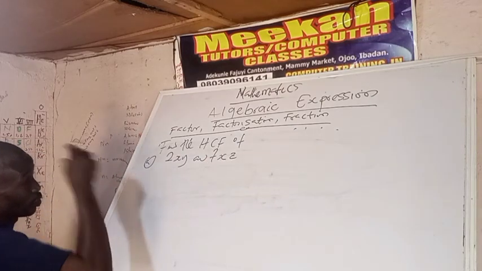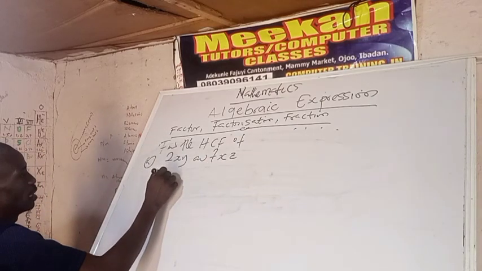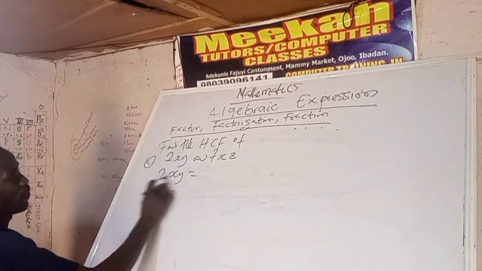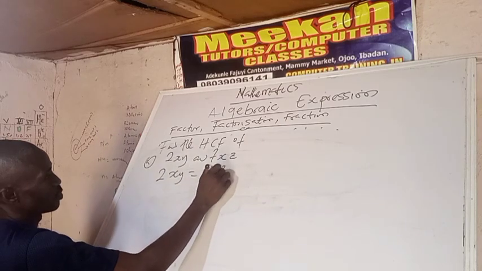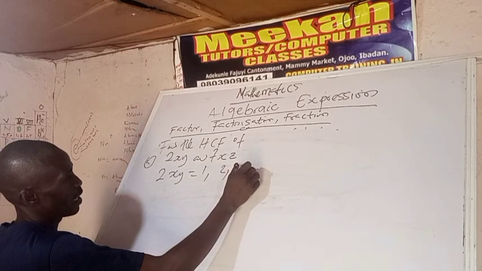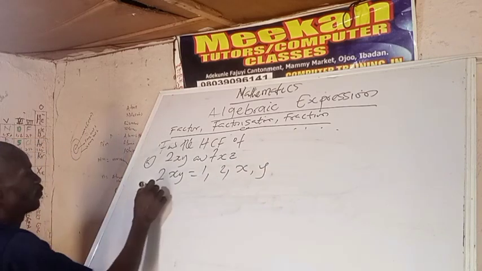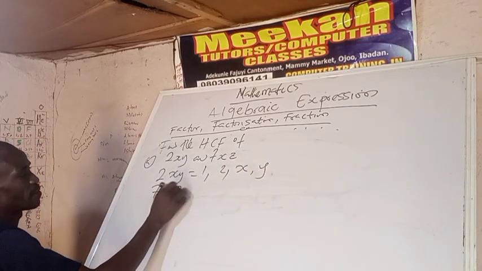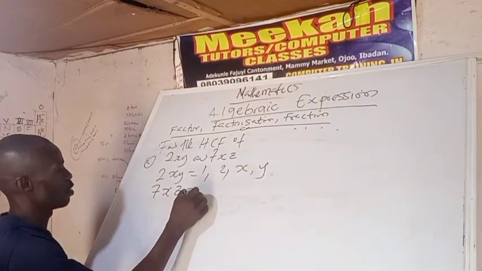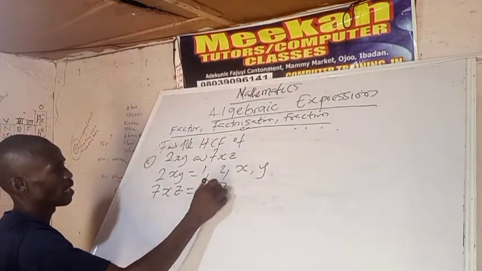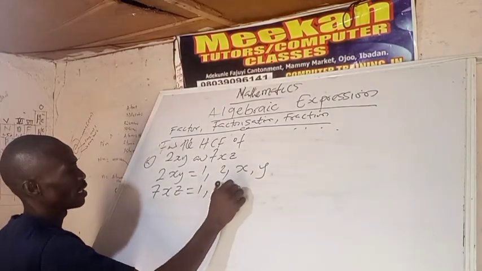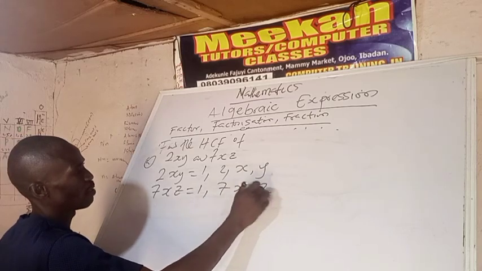First and foremost, what you need to do, first find the factors. We start with 2xy. Factors there, you have 1, 2, and you have x, and what? You have y. For 7xz, 7xz becomes what? 1, 7, and we have what? x, and we have z.